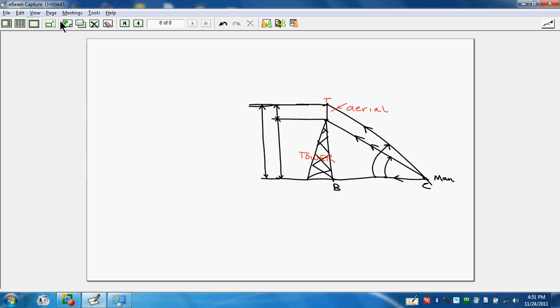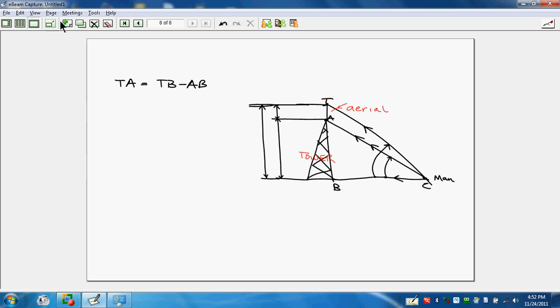So let us do some labeling. If we call here T, here A, and the bottom of the tower B, and where the man is C, let us say the height of the aerial will be from T to A. So we could write that TA, which is what we want to find, is equal to TB minus AB.